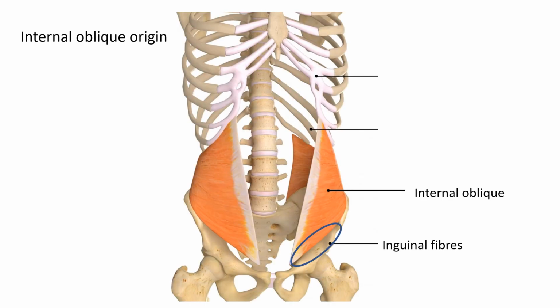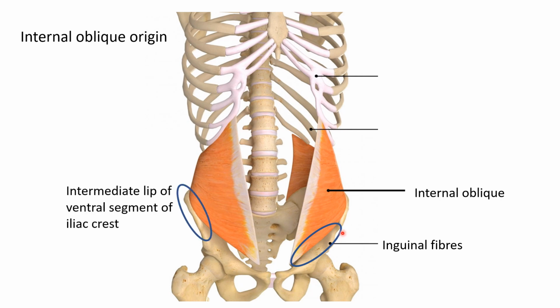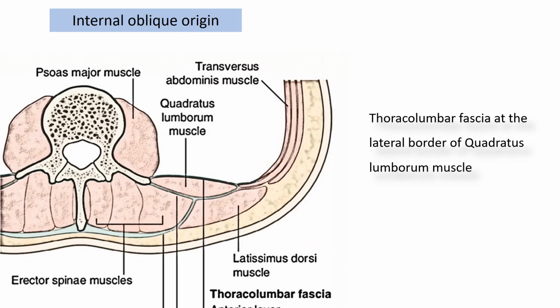Concentrate on the inguinal fibers here. These fibers take origin from the lateral 2/3 of the upper surface of the inguinal ligament. Some fibers take origin from the intermediate lip of the iliac crest, and some from the thoracolumbar fascia.